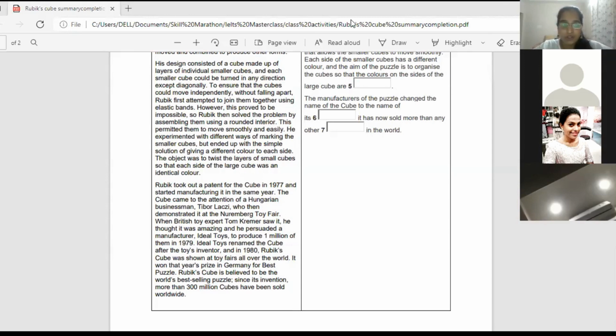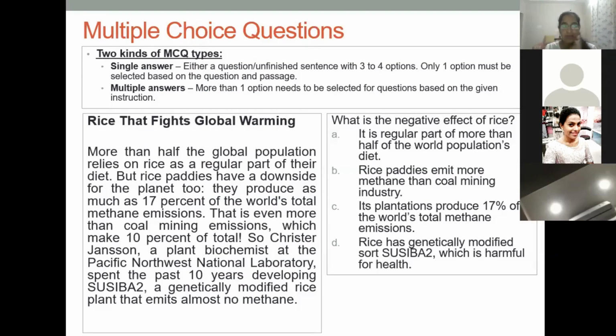Now let's move on to the next question type, which is multiple choice questions, okay? After multiple choice questions, we will be closing the session and we will deal with other questions tomorrow and day after, okay? So multiple choice questions are what? We've been doing MCQs, so to say, from probably school or college, right?